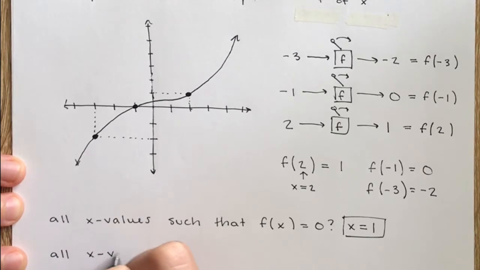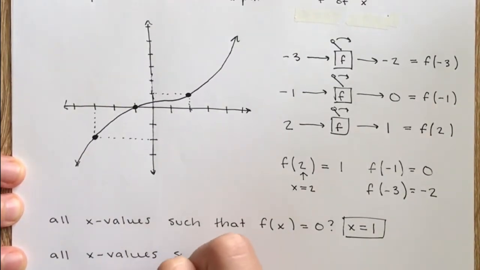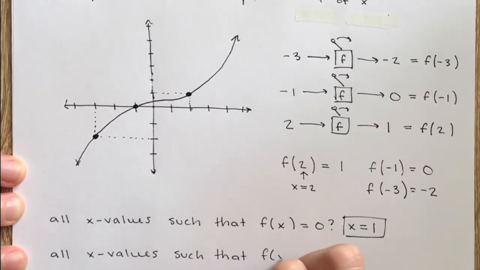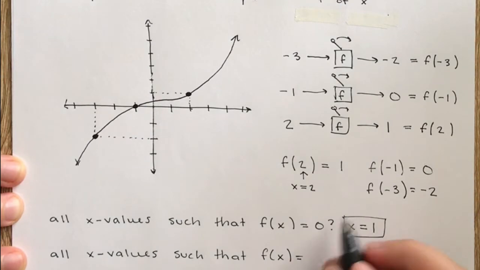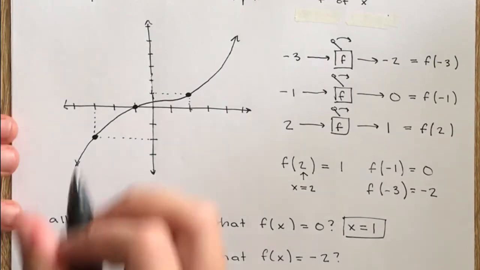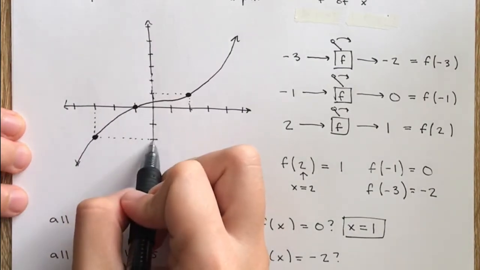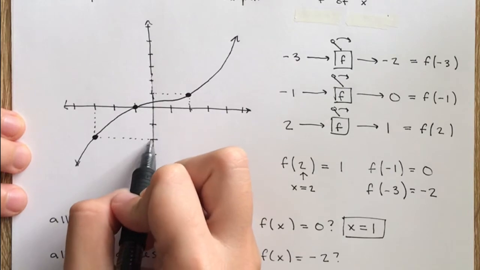All x values such that f of x equals -2. Why don't y'all give that a shot? Okay, again, we want to look at where y is -2.